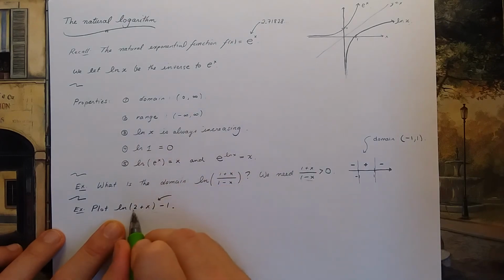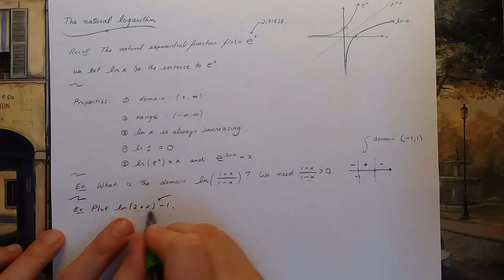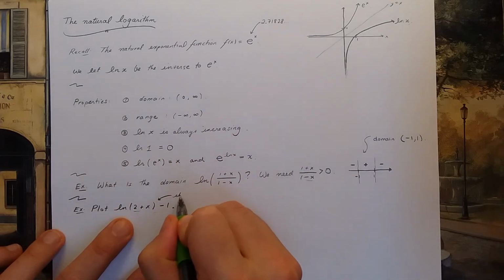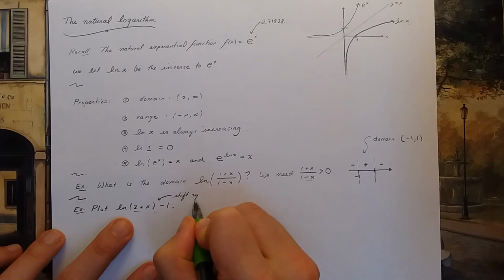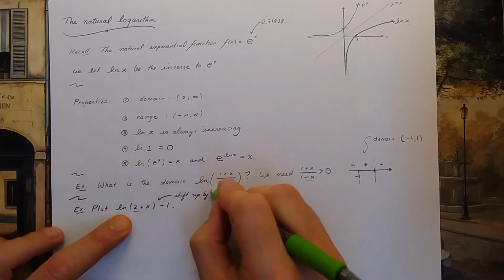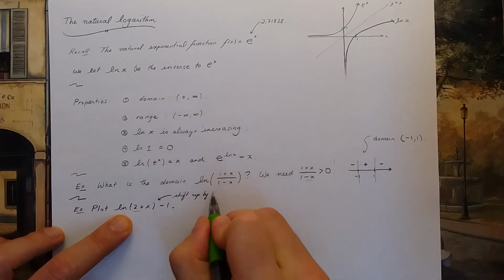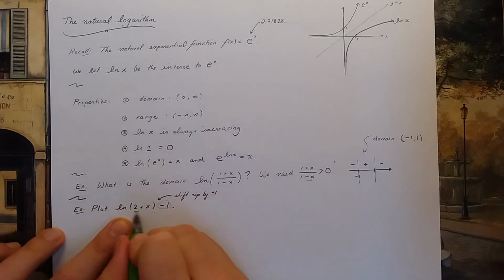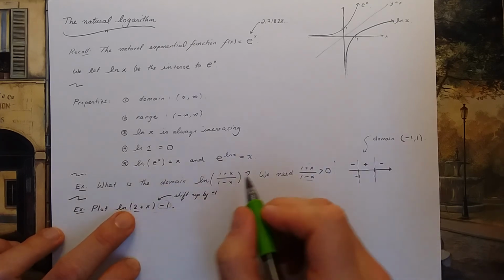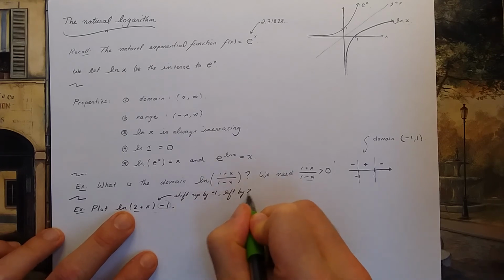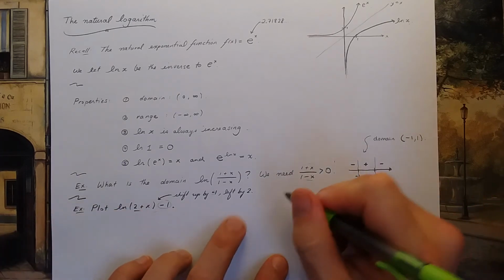What this means is I'm going to shift the graph to the left by 2 and up by 1. Actually, it's up by -1. This is the up or down vertical shift, and the horizontal shift is inside the argument. So I'm going to shift up by -1, and I'm going to shift left by 2.